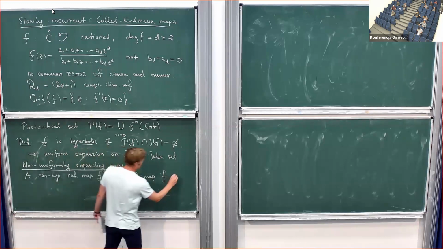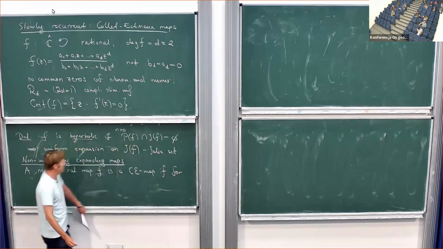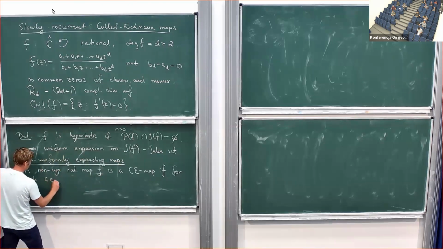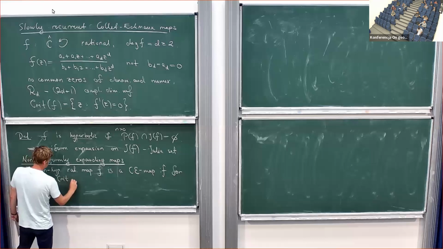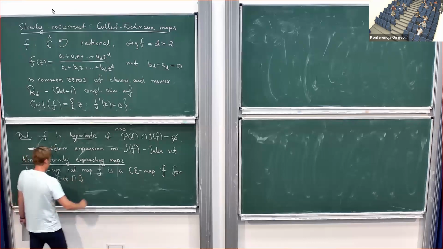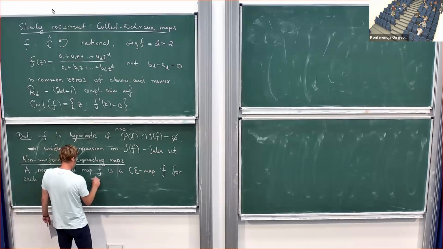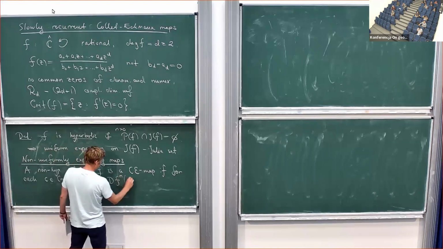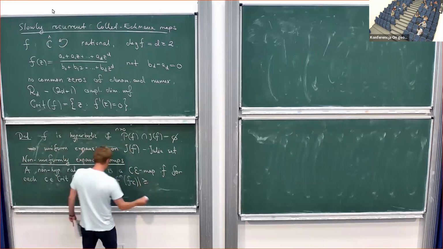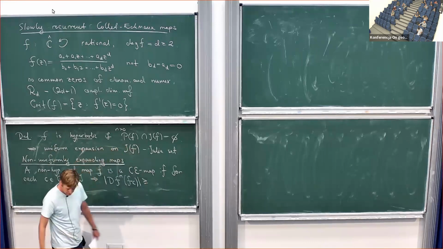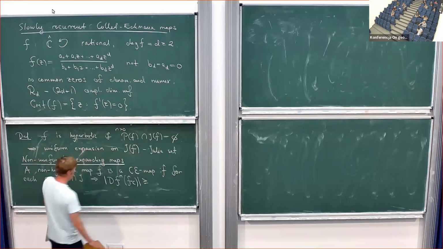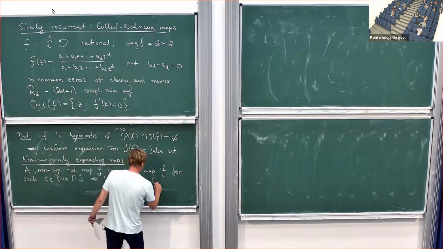For each critical point in the Julia set, we have the following: the derivative of F^n at F of c grows exponentially, that is, it is at least C times e to the gamma n, for some positive constants C and gamma.